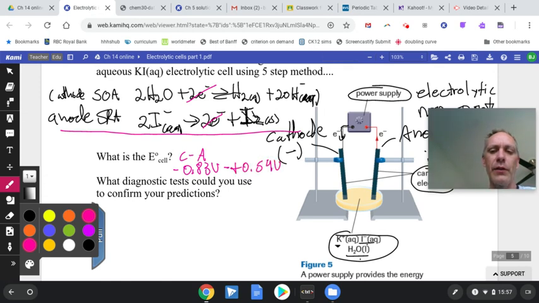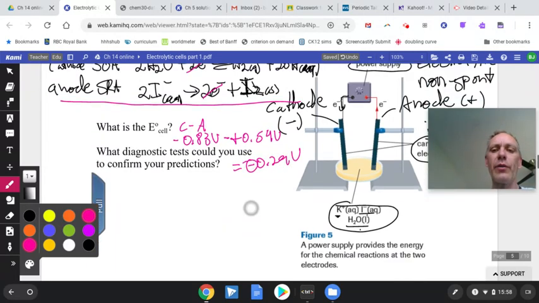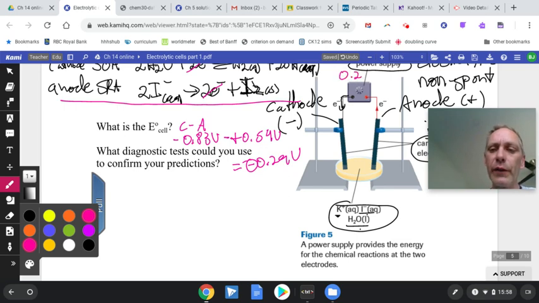So that is negative 1.37 volts. Non-spontaneous, it takes that much power to get this thing to run. That's what we'd have to set the power supply at, actually greater than. If you want to speed it up, add a little more.